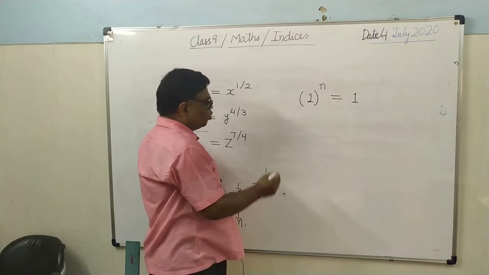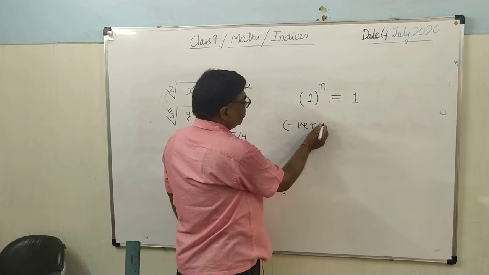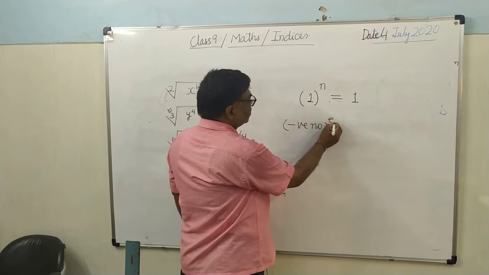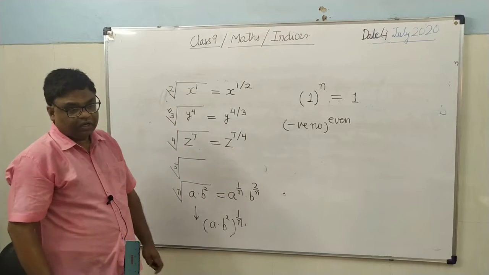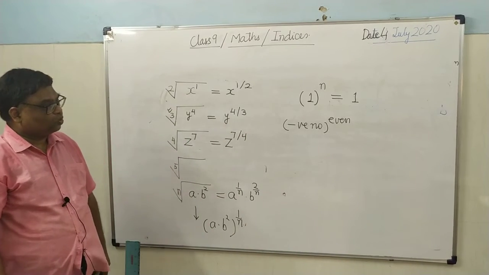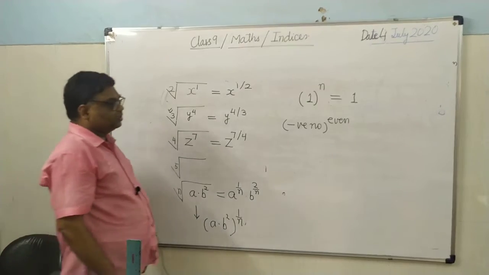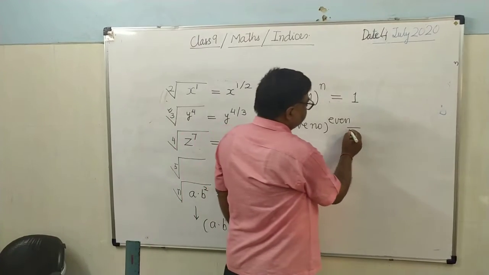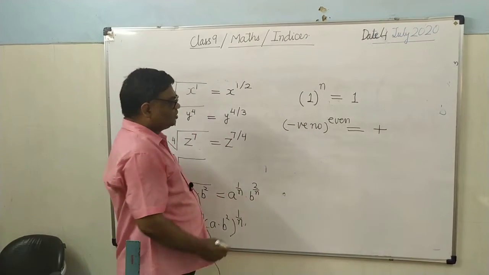Then there is one more thing. If there is a negative number and over the negative number there is an even power, meaning the power is 2, 4, 6, 8, the result will come out positive.